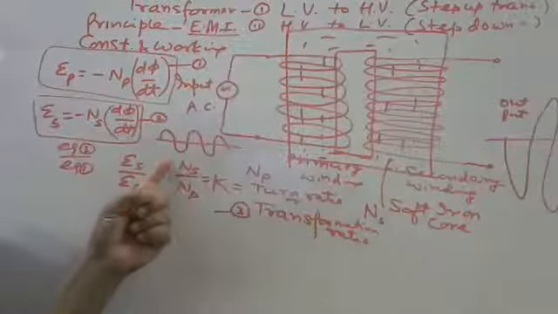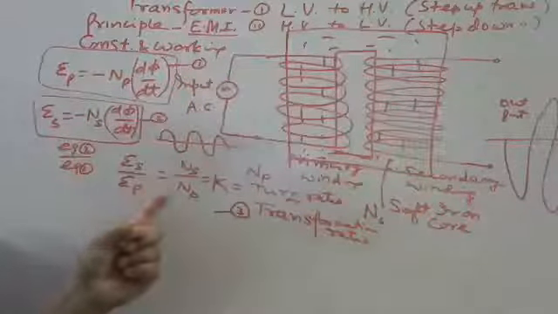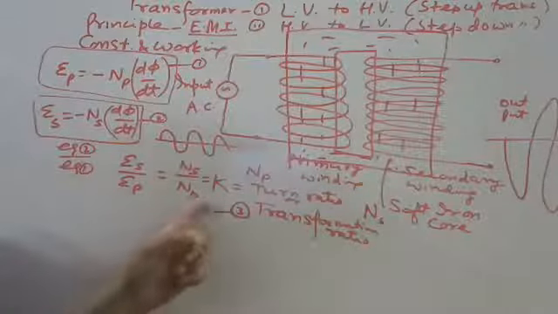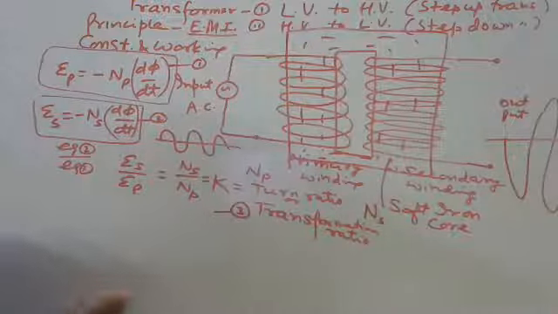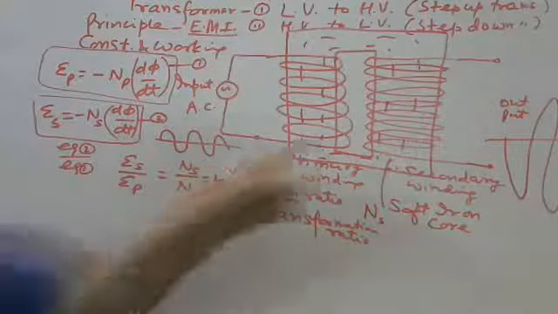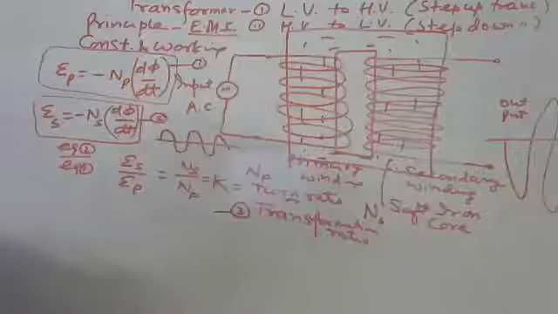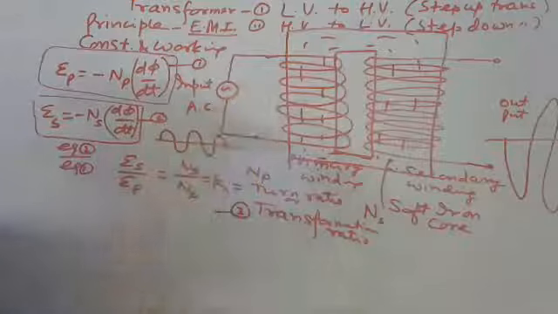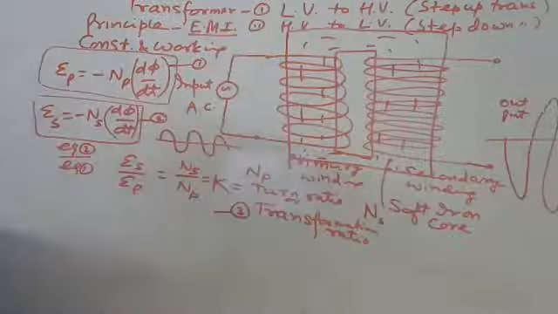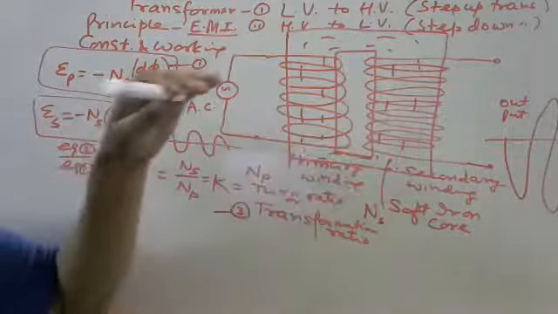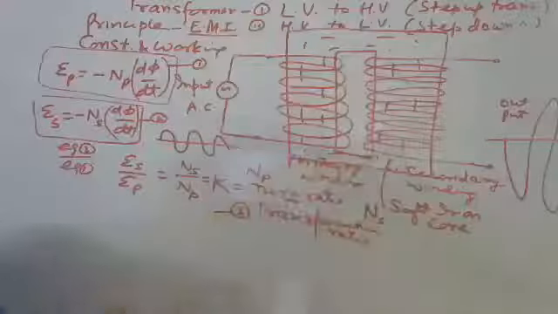It is the ratio of the number of turns in the secondary upon the number of turns in the primary. It is called K. Suppose K is more than 1. It means the number of turns in the secondary is more, as we have discussed in the step-up transformer. Very little voltage in the primary AC and we are getting very high voltage in the secondary.